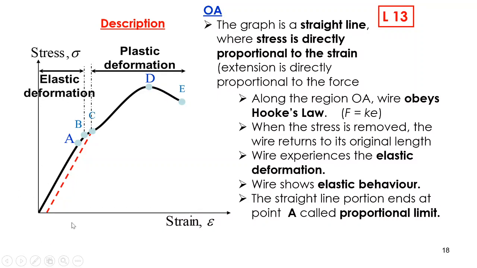We learned about Hooke's law in the earlier chapters, where F is equal to Ke. e is the extension of the wire, K is the spring constant, and F is the amount of force. When the stress is removed, the wire returns to its original length because this is under elastic deformation. The straight line portion ends at point A. That's why we call it proportional limit, because this is where the proportionality ends.